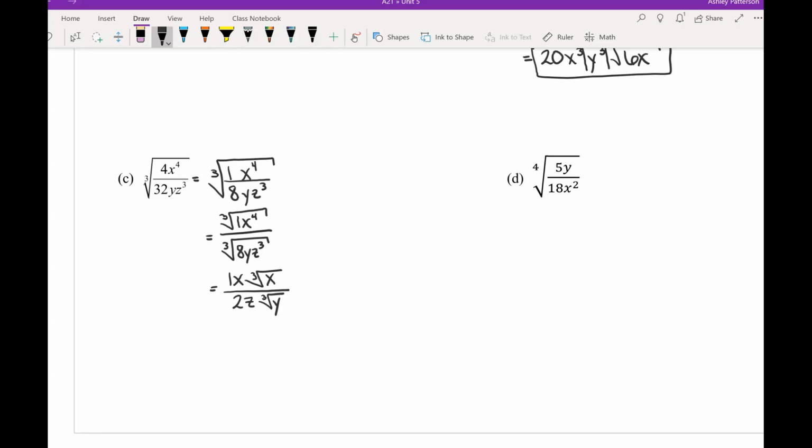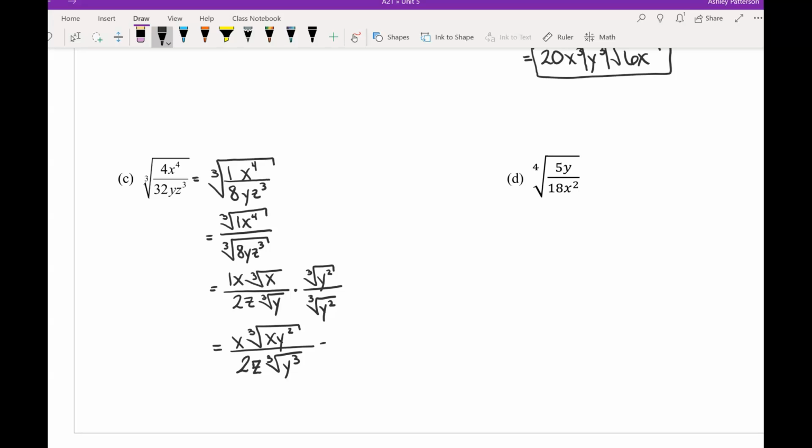But we have to rationalize. So I need to get 3 y's in the denominator in order to get rid of the radical. I'm going to multiply the top and the bottom by the cube root of y squared. In doing that, in the numerator, we get x times the cube root of xy squared all over 2z times the cube root of y cubed.